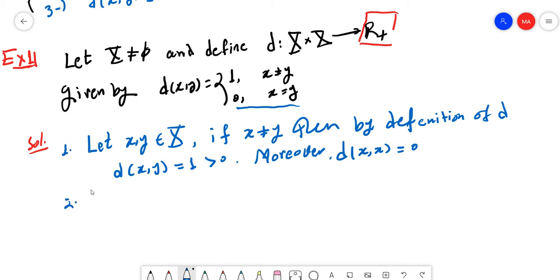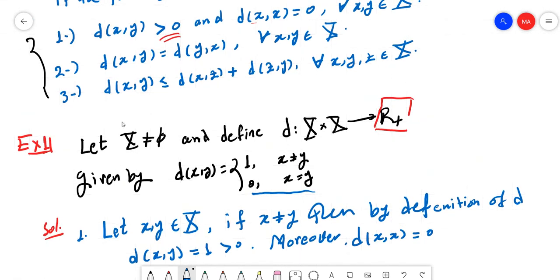The second condition asserts that the metric must be symmetric.